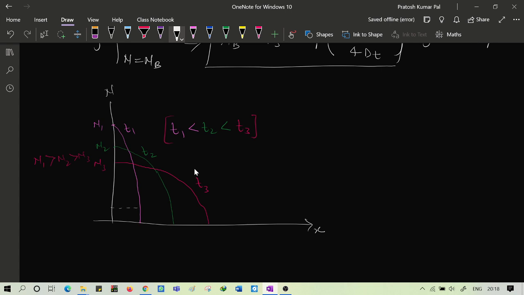Again this will be your NB, that is at the boundary, this will be the concentration.